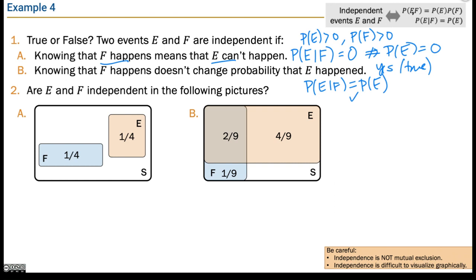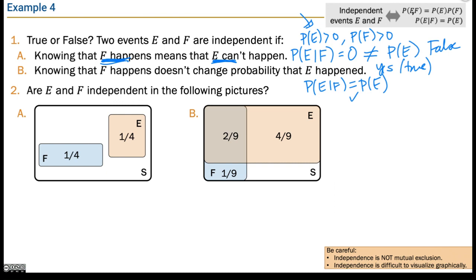So it's not equal to the probability of E. I have no guarantee here. So I'm going to say that's not equal to the probability of E, especially because I also told us that all of these are non-zero. Okay, so this is a false statement about independence. In fact, if F happens and E can't happen, then they're definitely dependent, because knowing something about F tells me automatically what happens with E.